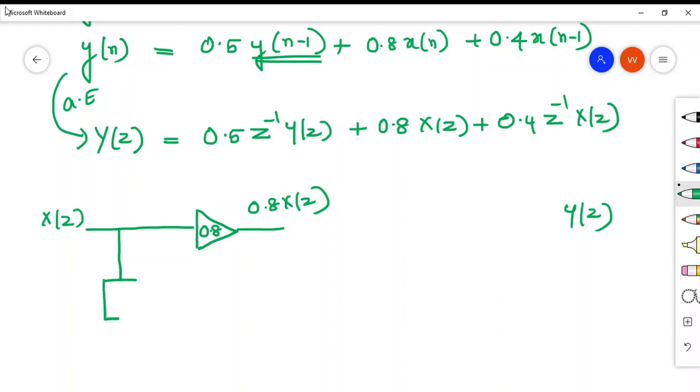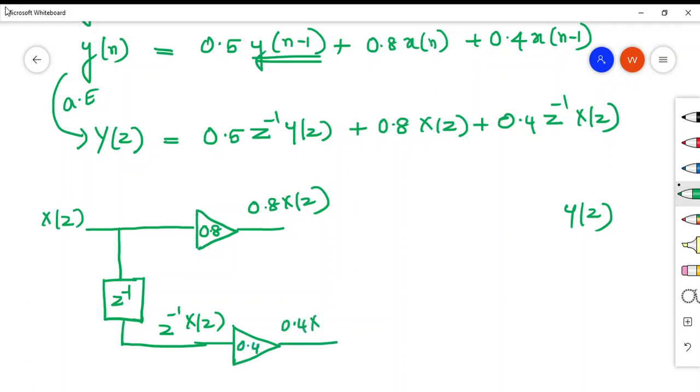So let's add a unit delay element here, z inverse, and what you are supposed to obtain at the output is z inverse x of z. Now you multiply with your constant 0.4. So you have now 0.4 z inverse x of z and 0.8 x of z.